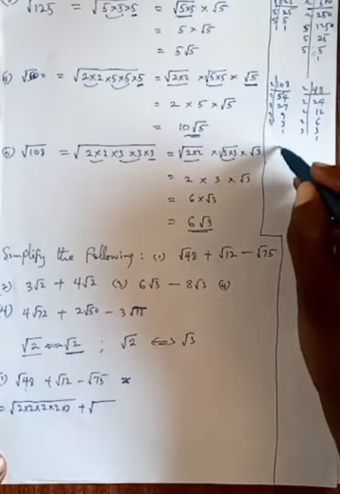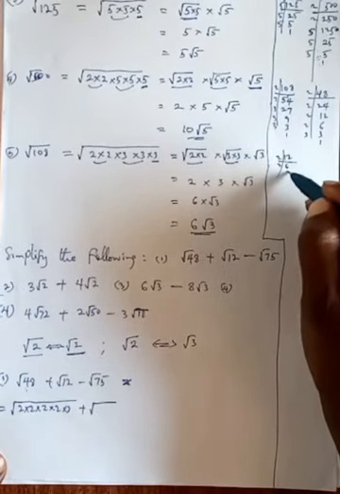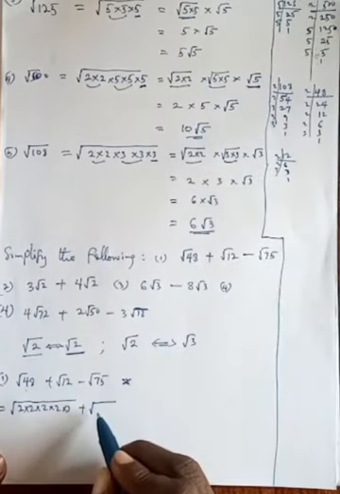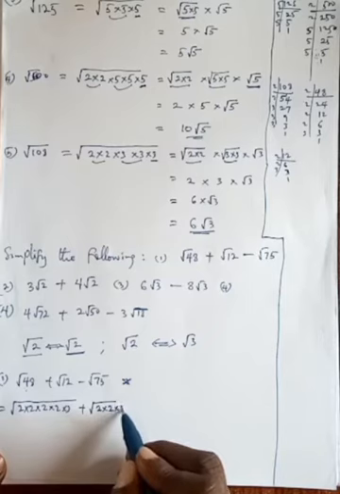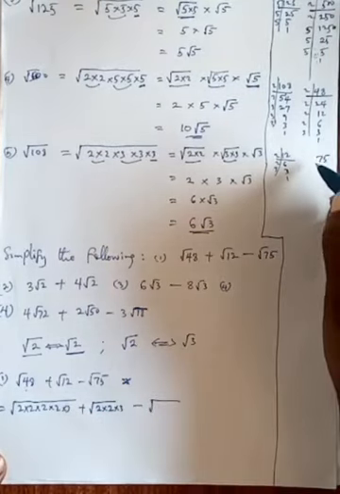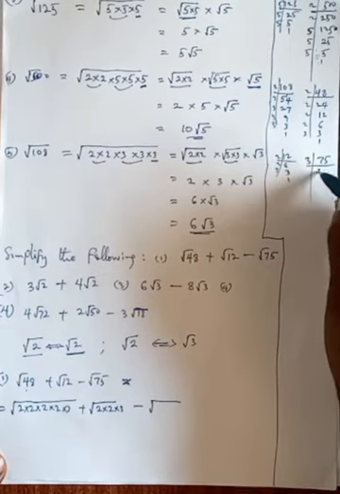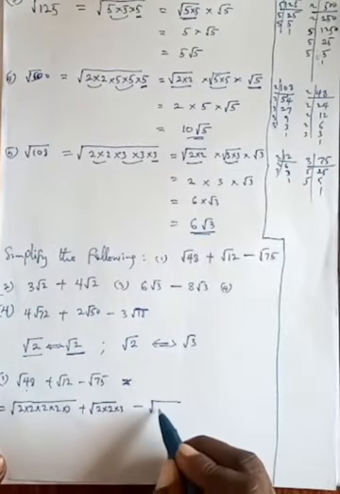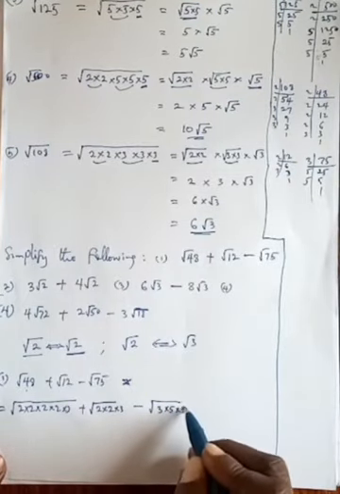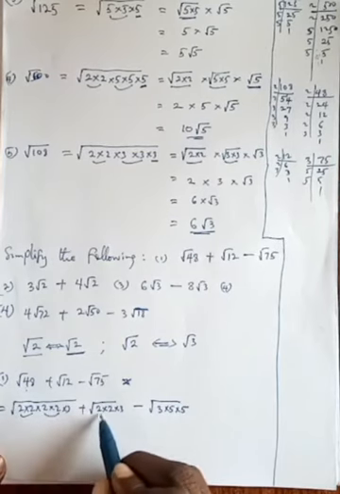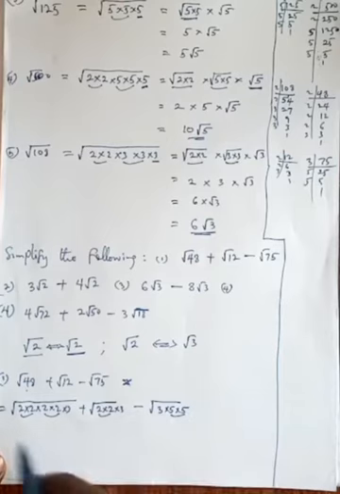Re-expressing 12: 2 in 12 is 6, 2 in 6 is 3, and 3 in 3 is 1. So 12 is written as 2 times 2 times 3. Minus 75 will be written as: 3 in 75 is 25, 5 in 25 is 5, and 5 in 5 is 1. That's 3 times 5 times 5. And we'll break this down into 2, so the smaller root or surd will be used.